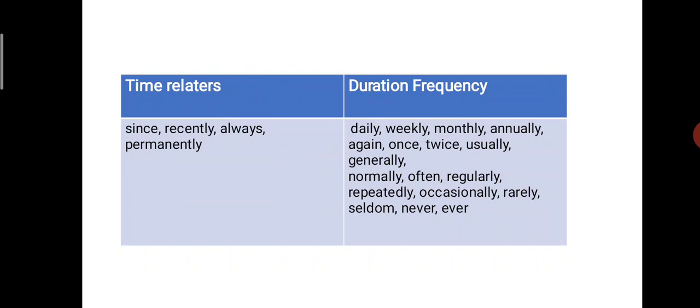So time relators, it is about the duration, and now the next part is about the frequency, that is daily, weekly, monthly, annually, again, once, twice, usually, generally, normally, often, regularly, repeatedly, occasionally, rarely, seldom, never, ever. So those are the time relators about the duration and the frequency.